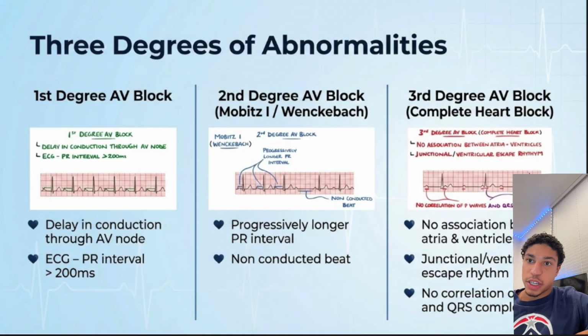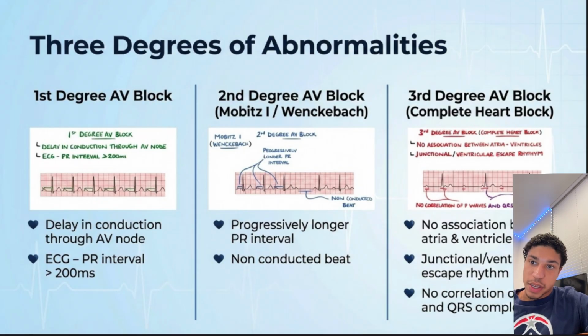In this condition, electrical impulses still reach the ventricles, but conduction through the AV node is just slower than normal. On an ECG, this appears as a prolonged PR interval, identified as a PR interval greater than 200 milliseconds. The rhythm remains regular, but the delay just indicates a slower electrical conduction.